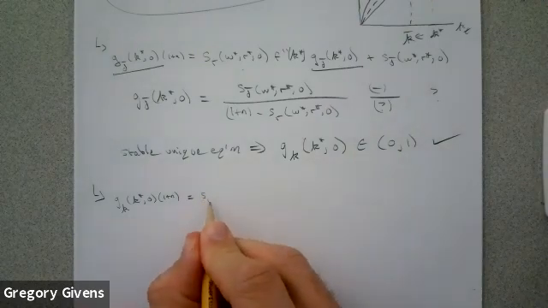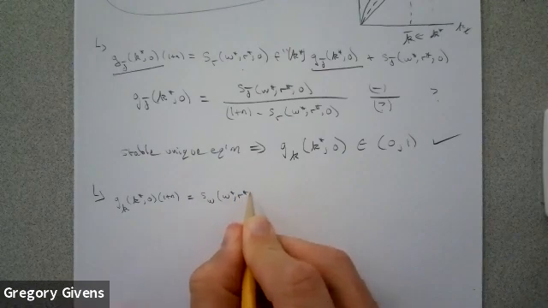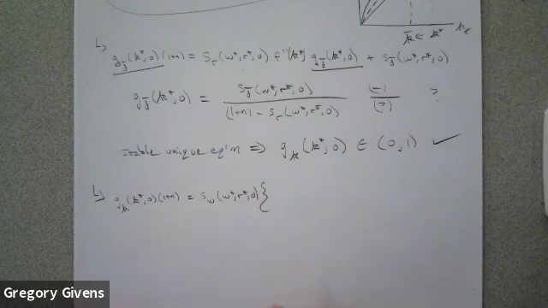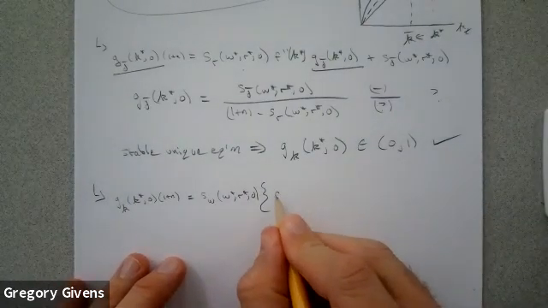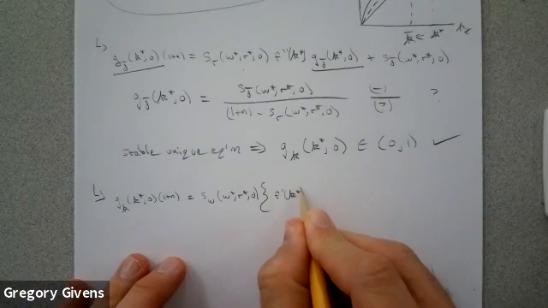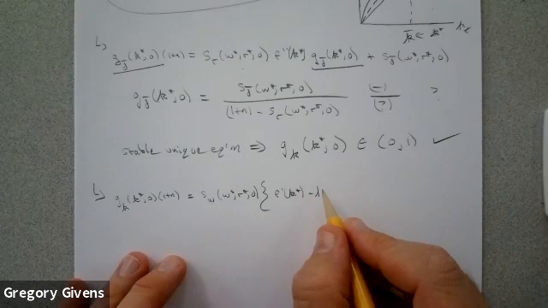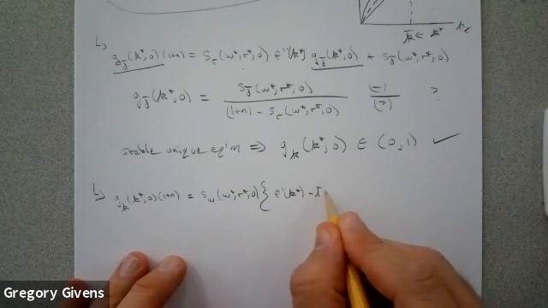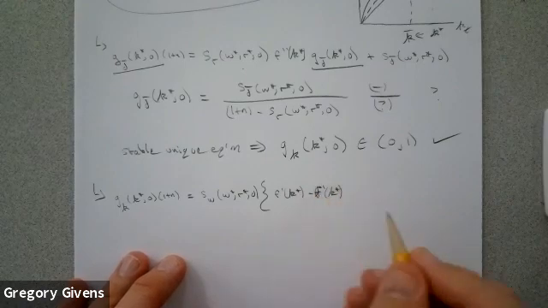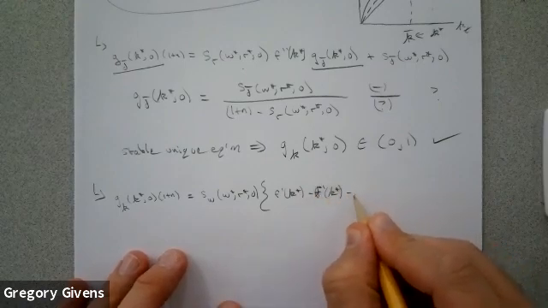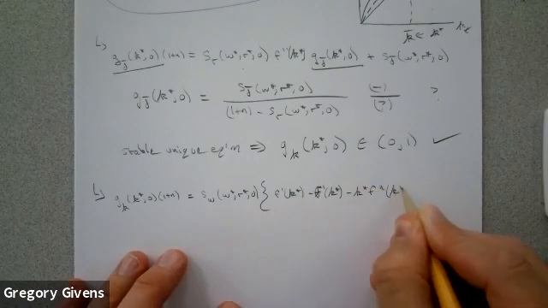So it's S sub W, W star R star 0, times the derivative of W with respect to K. Okay, well, that's going to be F prime of K star minus F prime of K star minus K star F double prime of K star.